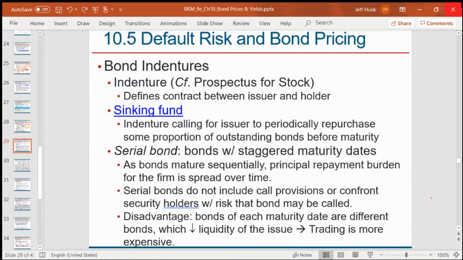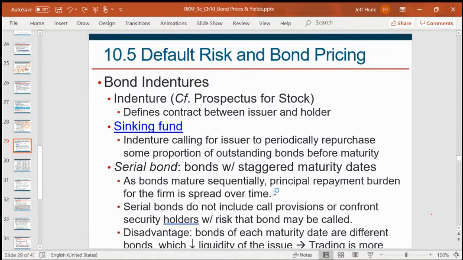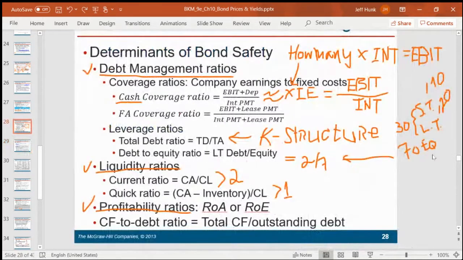So whoever is holding the bond, if they want to surrender, relinquish, or sell the bond through the market, this company can repurchase the bond and retire their planned portion of their debt. So that's why sinking fund can be interpreted in two ways.